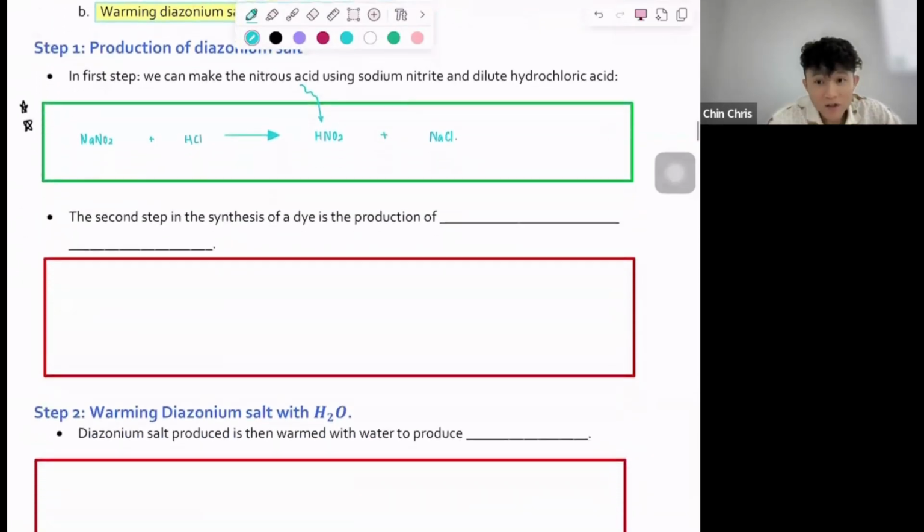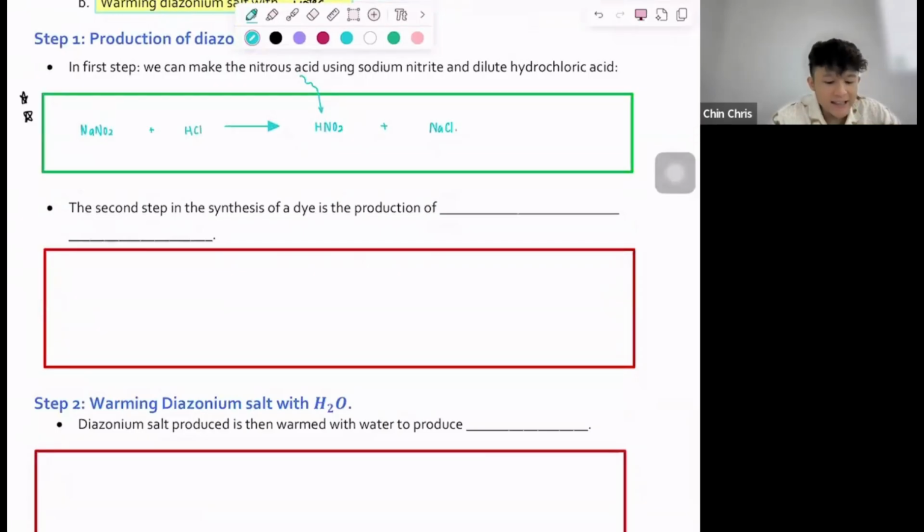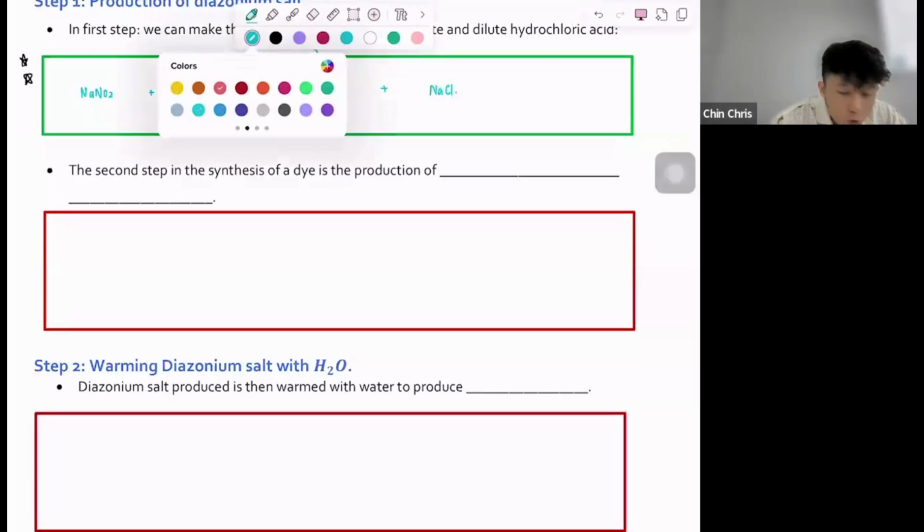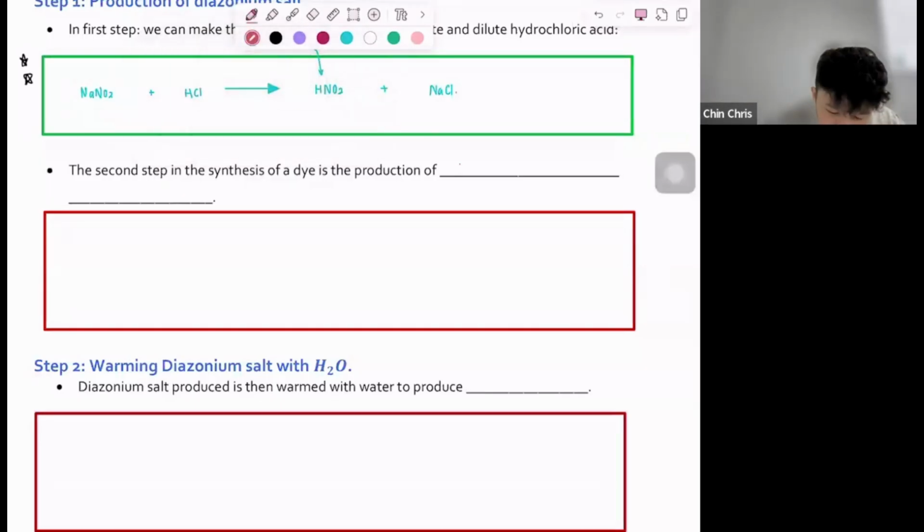Okay, guys, once your first step is done, the second step is the synthesis of the dye. What you need to do is form this benzene diazonium salt.